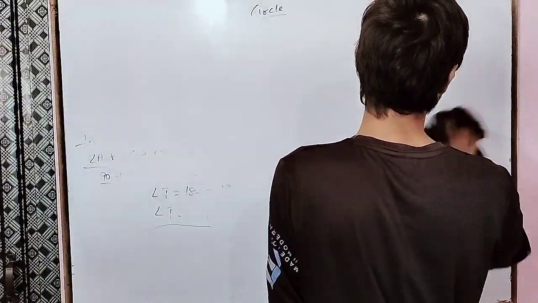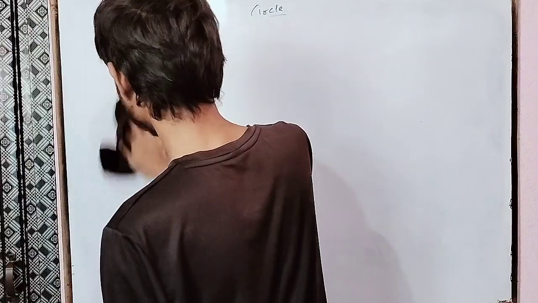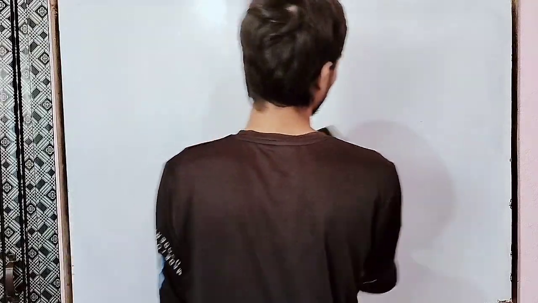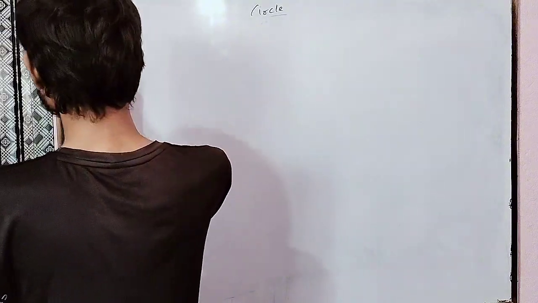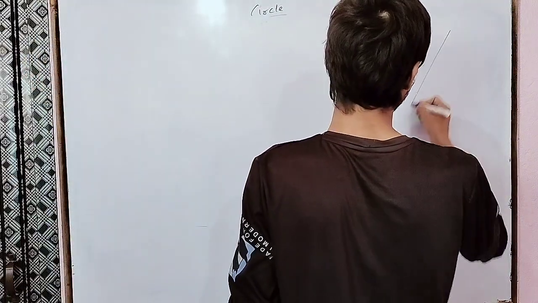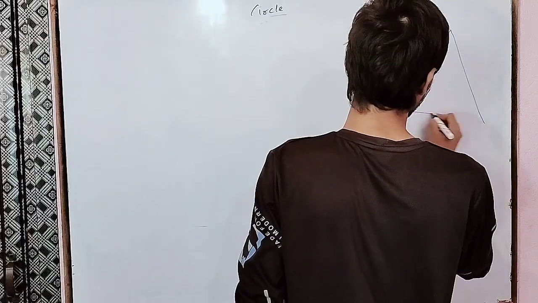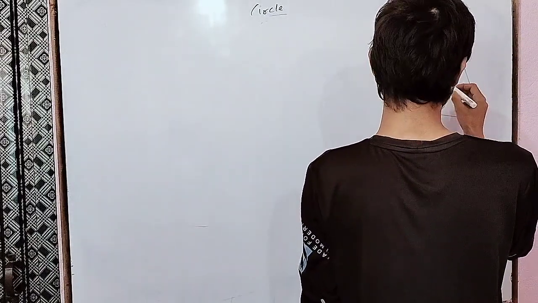From this proof, we will get some ideas. First of all, I am writing. So completely, I am showing a figure. This is the figure. We have a triangle, and in the triangle, there is a circle.